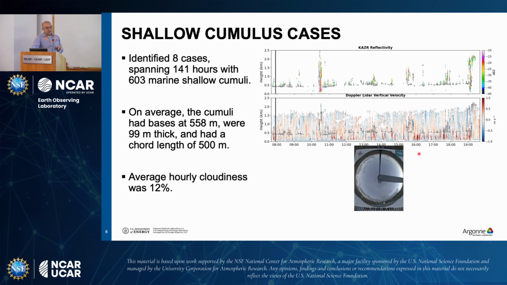Second, we had to make sure that all the instruments were working at the same time: the vertically pointing radar, the Doppler Lidar, the Raman Lidar, etc. All of them had to be working, and that was not the case. We actually had instruments breaking down at one time or another, and that broke our sampling. So we had about 8 cases.